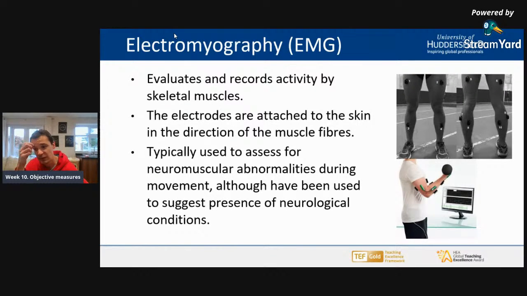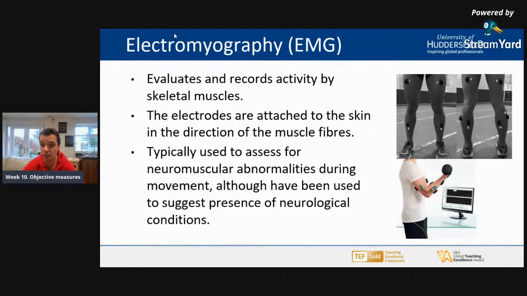So in terms of using it to objectively measure deep stabilizing muscles is debatable. But for superficial muscles, really useful indeed.